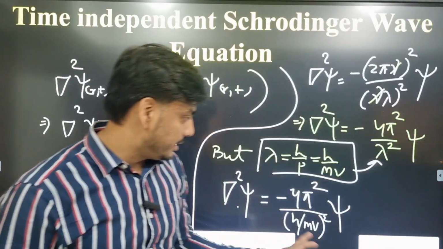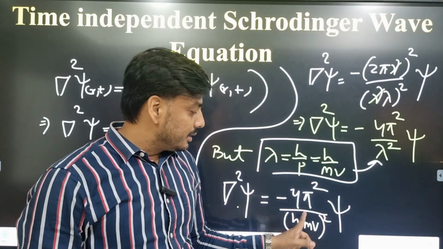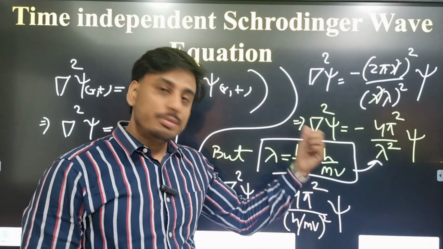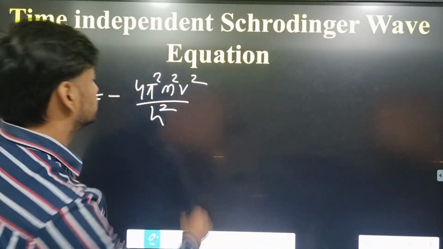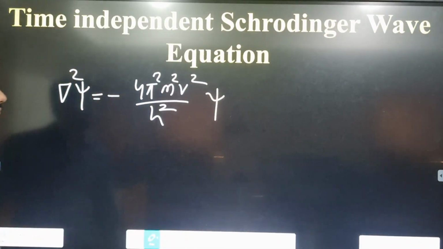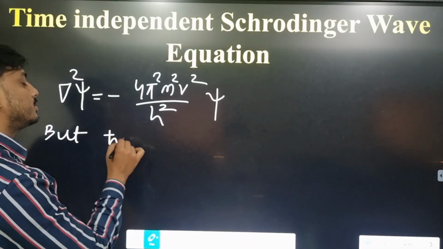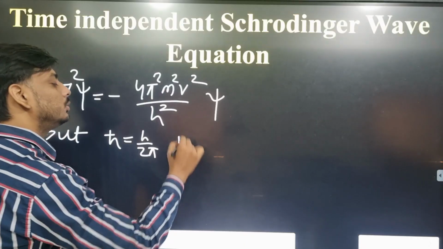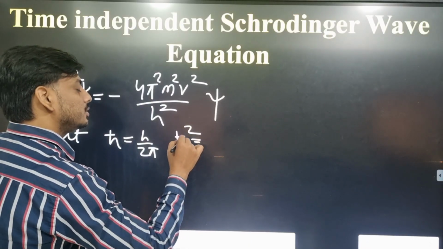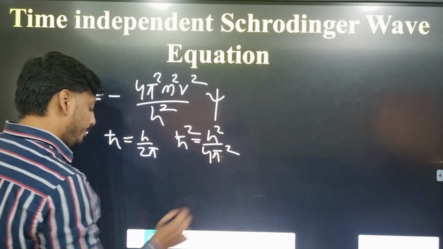Again I am repeating this term. 4 pi square was there, h by mv square, so m square v square will be in the numerator divided by h square, and psi will be there. But we know that h cross equal to h by 2 pi, so h cross square will be h square by 4 pi square.